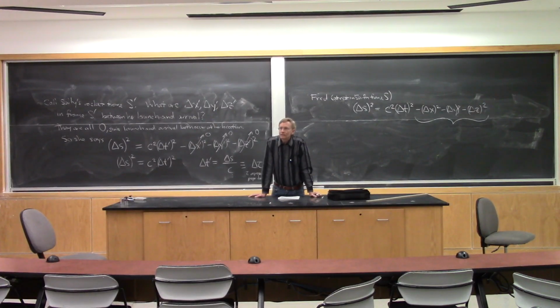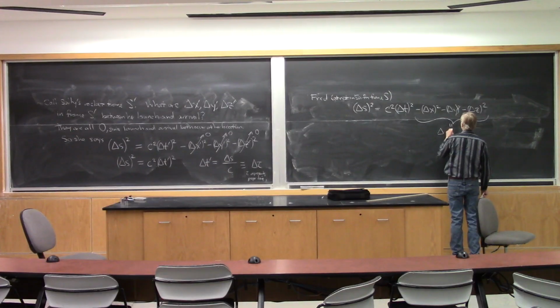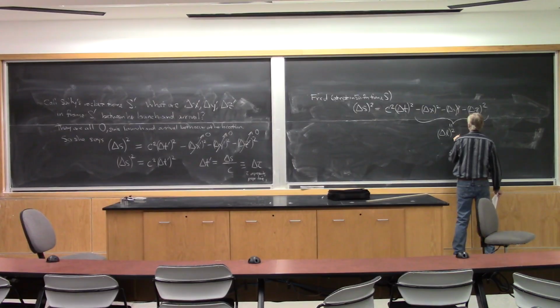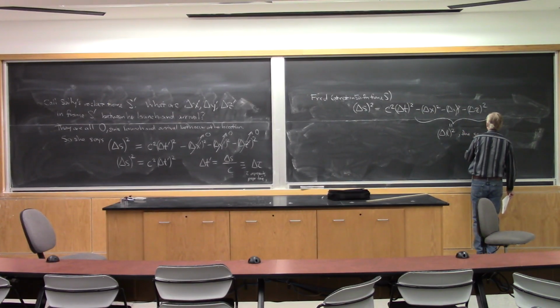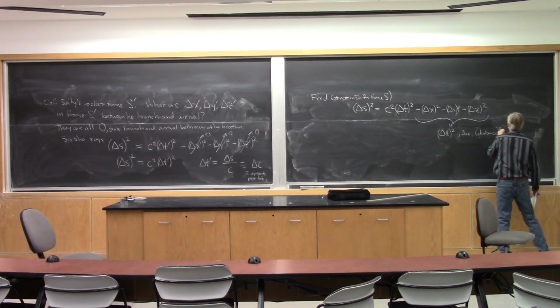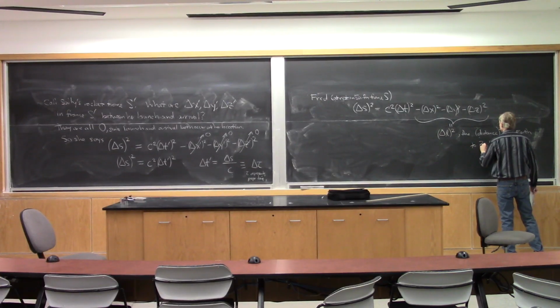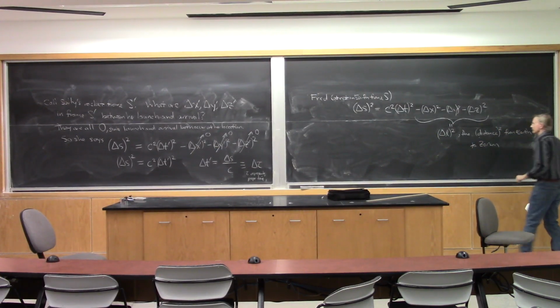Yeah, it's the distance squared between Earth and Zorkon, according to Fred. It's the distance between those two events, the distance squared from Earth to Zorkon.